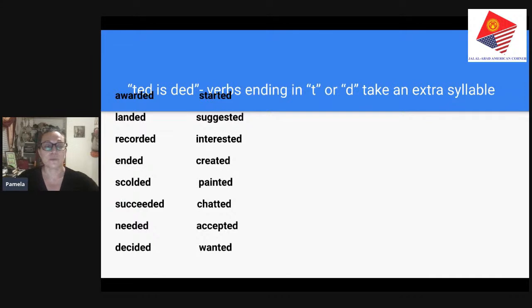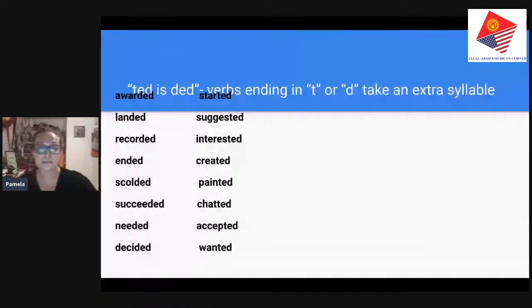So words like awarded, landed, recorded, ended, scolded, succeeded, needed, decided, started, suggested, interested, created, painted, chatted, accepted, wanted. Those are the ones that you add the different syllables.